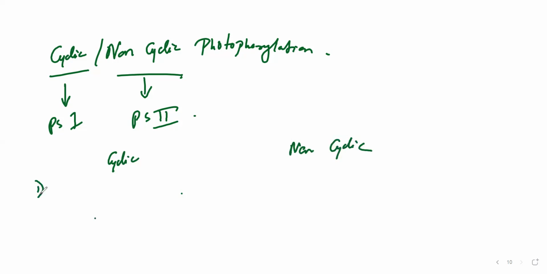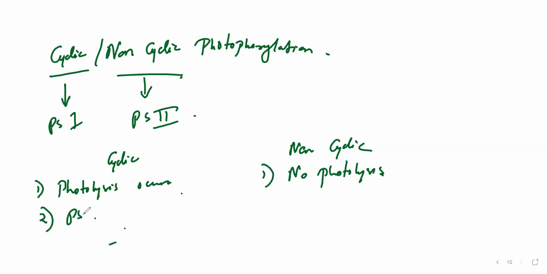Okay, so first of all, in the cyclic, photolysis will take place, but here it doesn't. Then the second difference is what? Here PS1 and PS2 both will be there, but here only PS1 will be there.